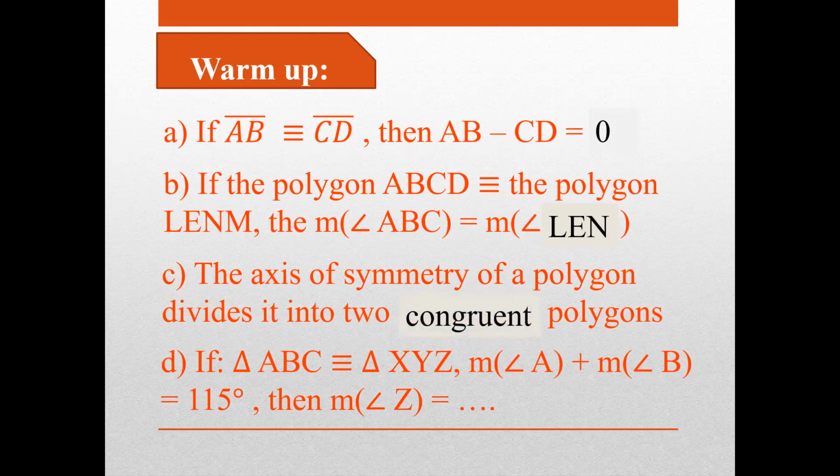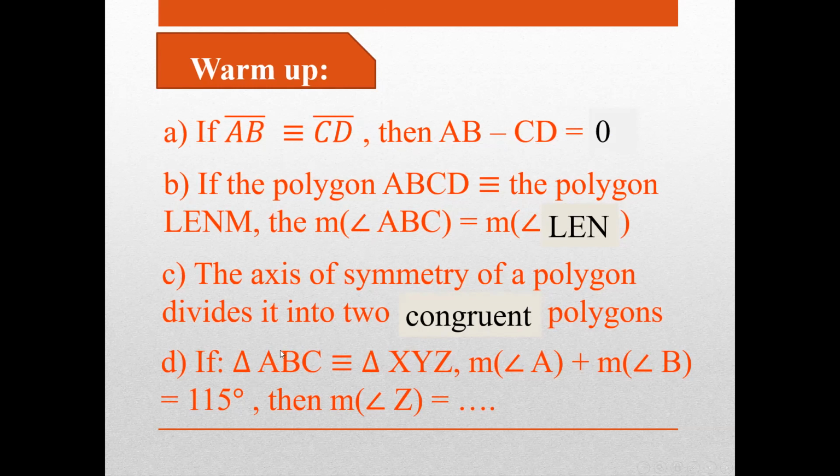If triangle ABC is congruent to triangle XYZ, and the measure of angle A plus the measure of angle B equals 115 degrees, the measure of angle Z equals, pay attention, angle A plus angle B equals 115. We know that the sum of the measures of the interior angles in any triangle equals 180 degrees.